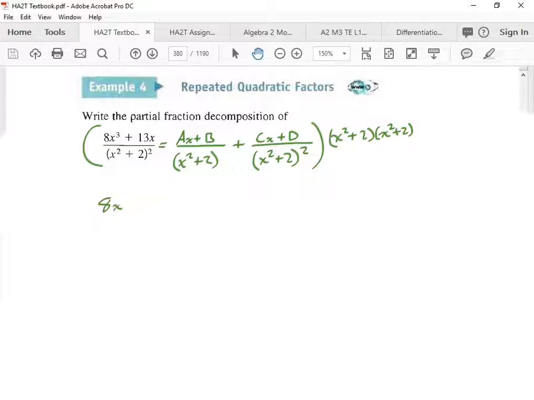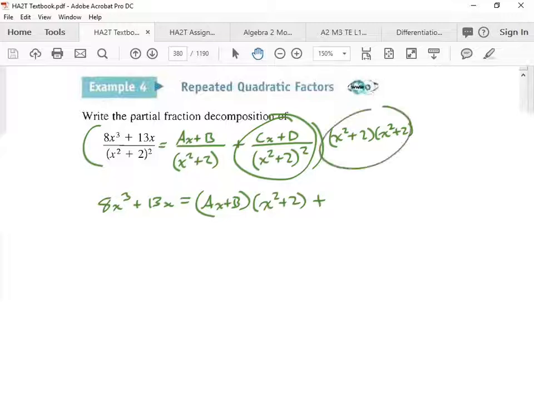So you have 8x to the third plus 13x equals, when I do it with this next one, we'll have ax plus b, and one of these will cancel out. So I would be multiplying the ax plus b times x squared plus 2. Plus, if I multiply this term by this, what happens to our denominator? So we're just left with cx plus d.